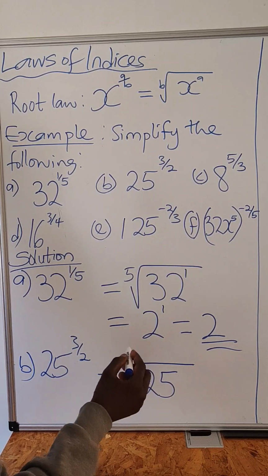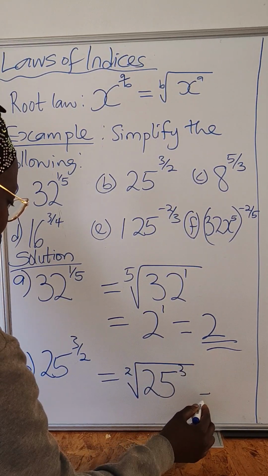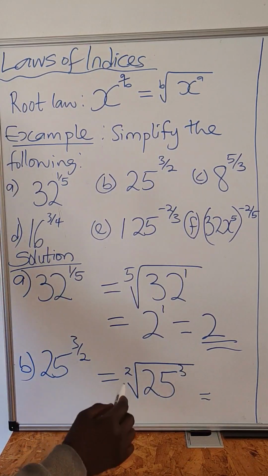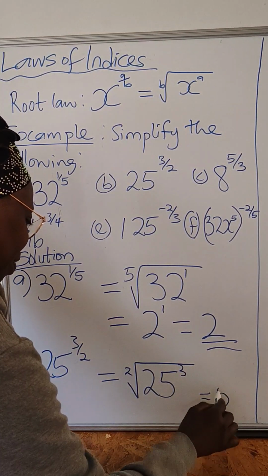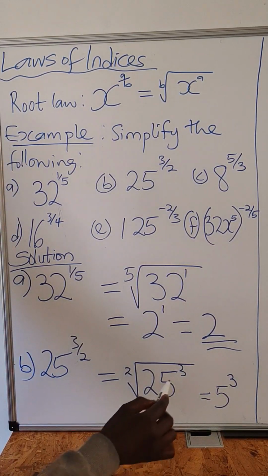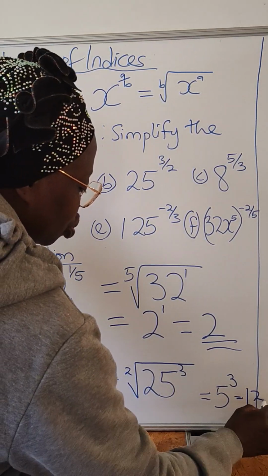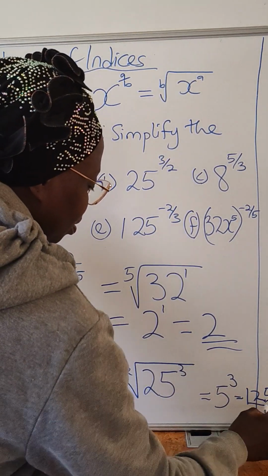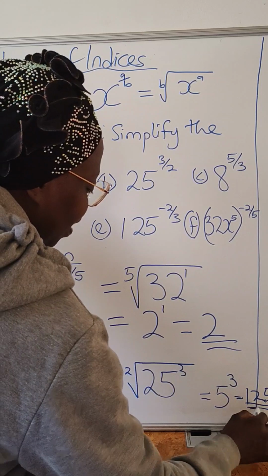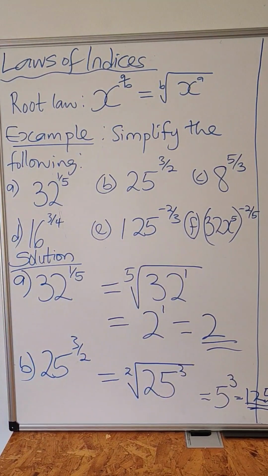So the square root of 25 raised to power 3. The square root of 25 is 5, and 5 raised to power 3 is 125. So the answer is 125.